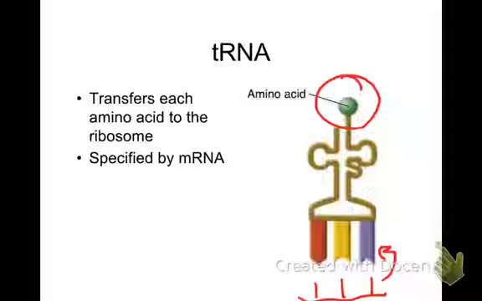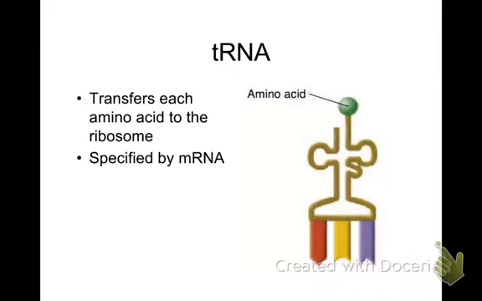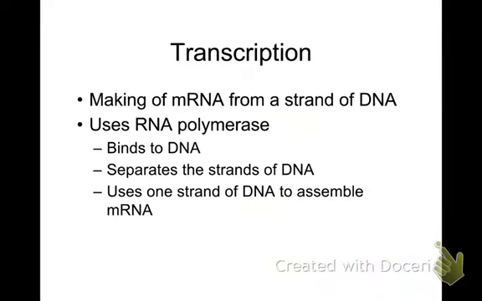So let's take a look at how each of these is used. Transcription. Transcription is the act of making mRNA from our DNA strand. Very similar to DNA replication is how we make our mRNA.